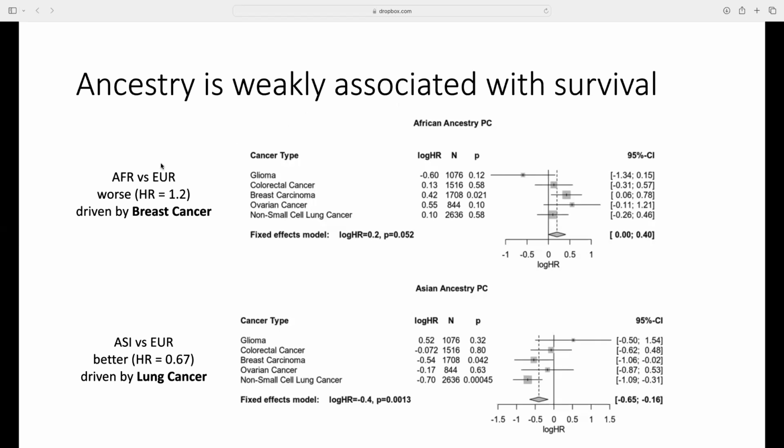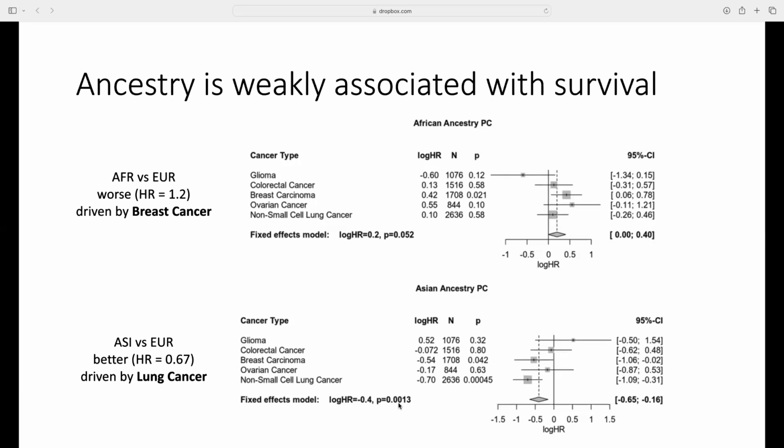Specifically, African ancestry is associated with poorer survival, largely driven by the significant effect in breast cancer. I think this has been observed in the literature, possibly explained by differences in breast subtypes in these individuals. And then East Asian ancestry is associated with significantly better survival.